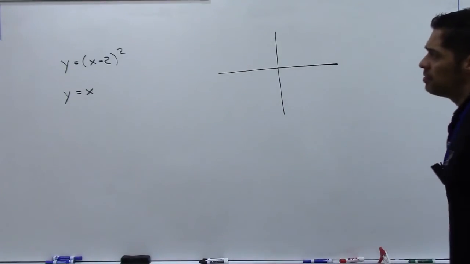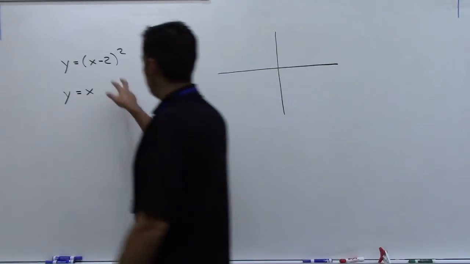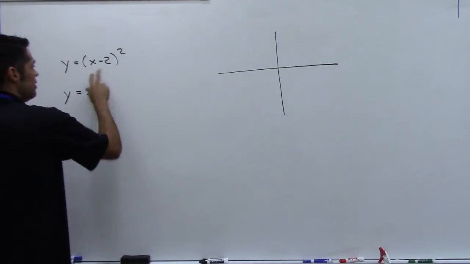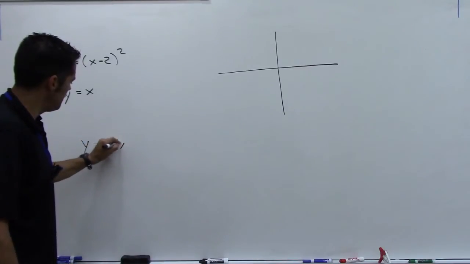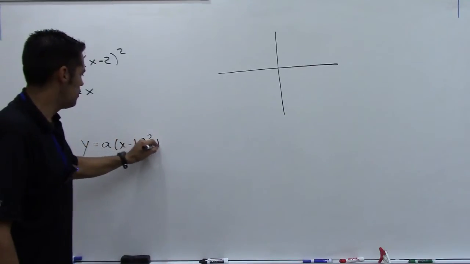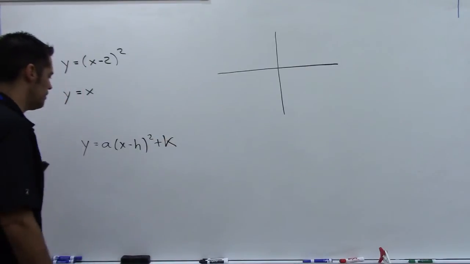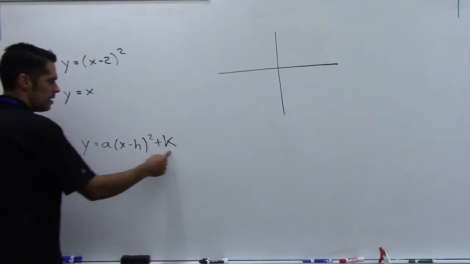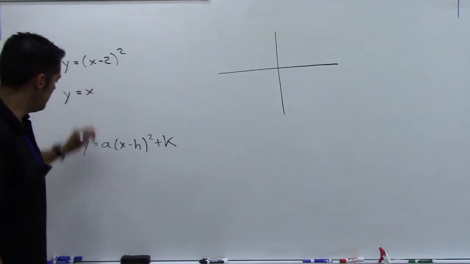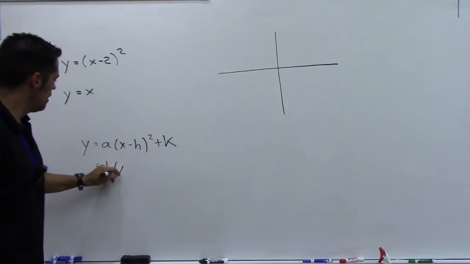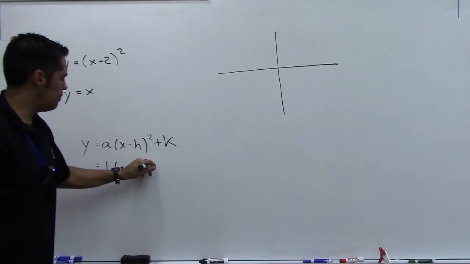So (x minus 2) squared. This is a parabola. And if you remember back from college algebra, if you have a parabola in what's called standard form, then the h and the k tell you where the vertex of this parabola is. So when you look at this right here, we actually have 1 times (x minus 2) squared plus 0.